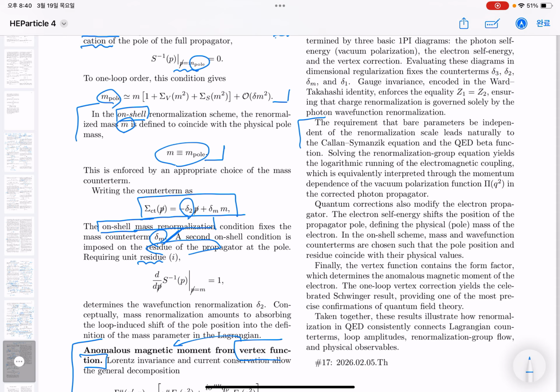For the coupling, we use the counterterms to obtain the beta function, and by solving the beta function, we can know the running coupling behavior of QED with the logarithmic scaling. Also for the electron propagator, this gives the effective mass, and one can define the renormalized mass to be the same as the physical mass in the on-shell scheme. Lastly, the vertex function determines the form factors which affect the anomalous magnetic moment of the electron.